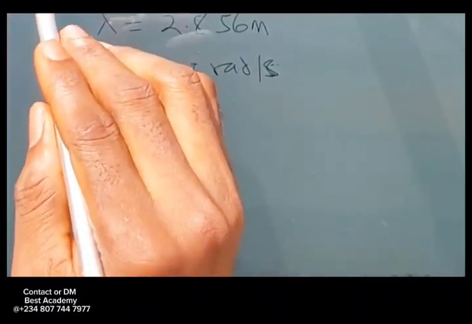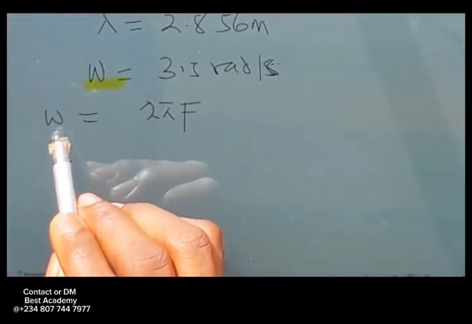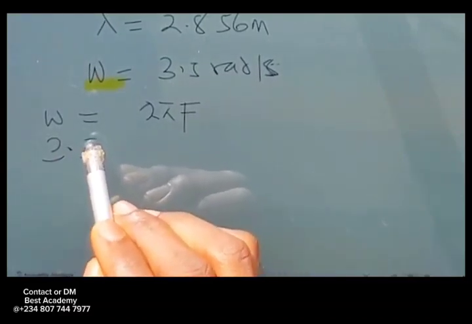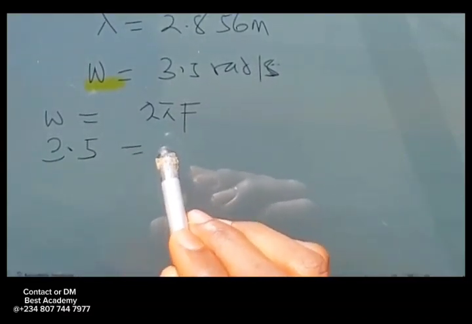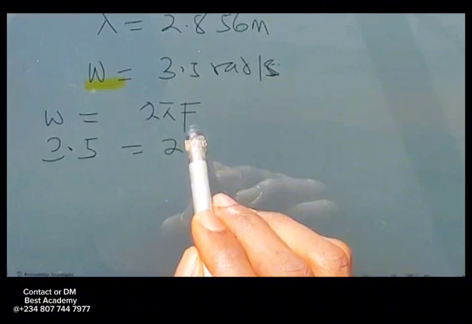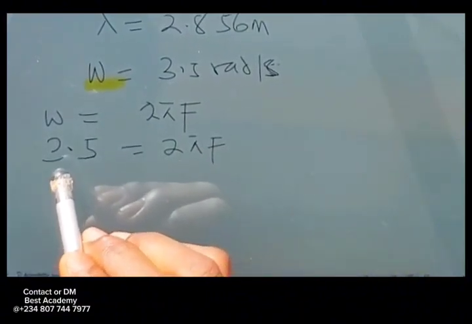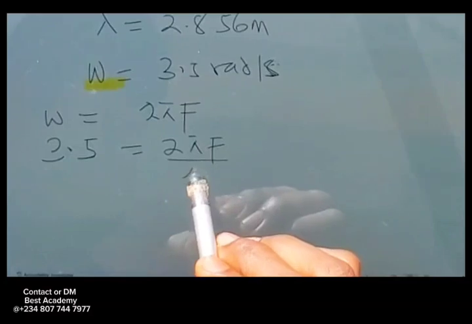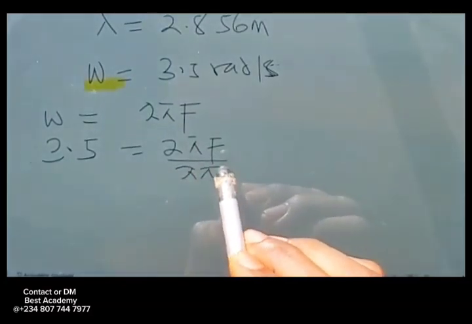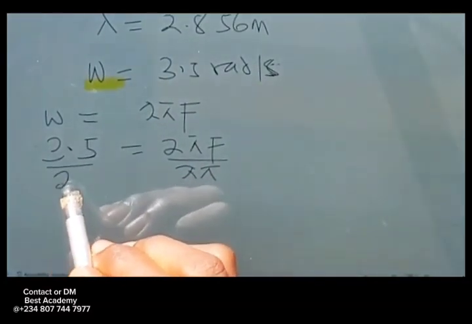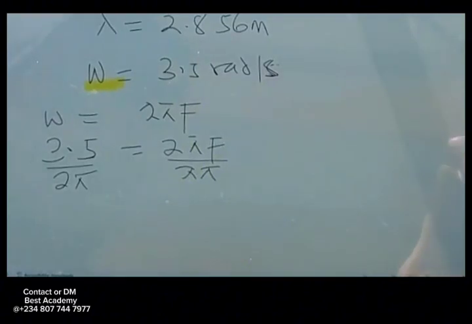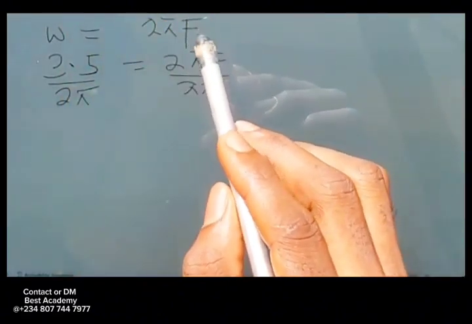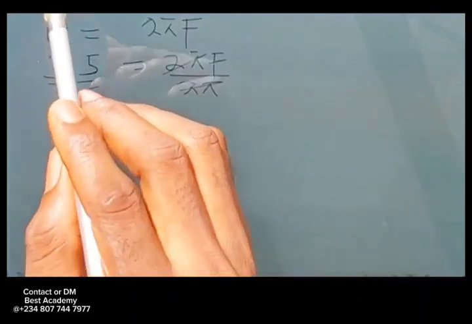So let's replace omega: 3.5 is equal to 2 pi f. Now let's make f the subject. Divide by 2 pi on both sides to make f stand alone. When you do that, this will cancel this.